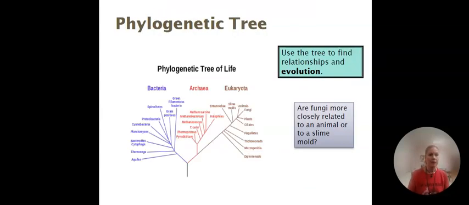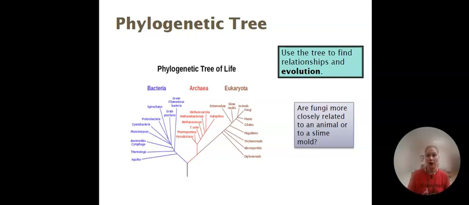And then we have phylogenetic trees, also known as cladograms. They are used to show the evolutionary relationships among a group of organisms. So here we do have the phylogenetic tree of life, so literally all living things. You will probably be given a tree that's going to be a little bit more specific, but same style question.